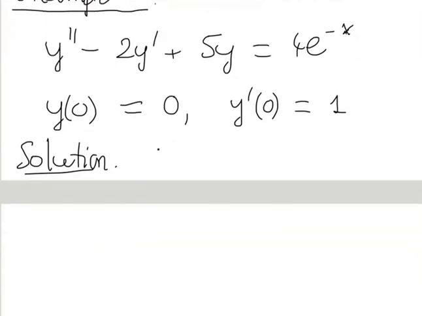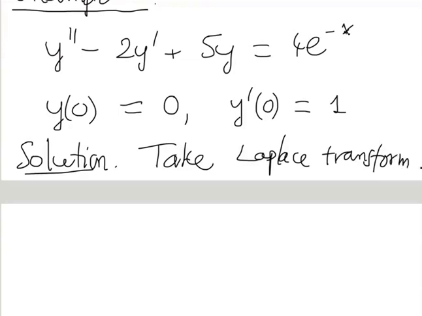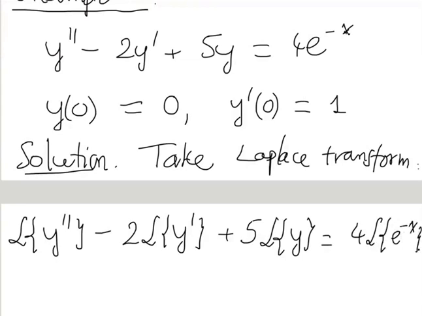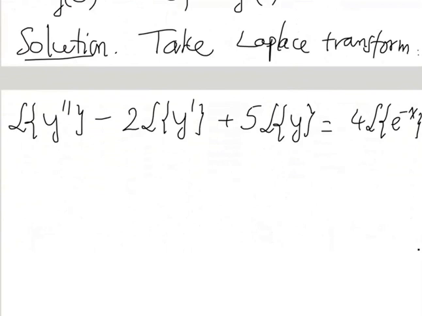So taking the Laplace transform of both sides, we have the Laplace transform of the second derivative minus 2 times the Laplace transform of the first derivative plus 5 times the Laplace transform of y equal to 4 times the Laplace transform of e to the negative x. Then we use the formula.